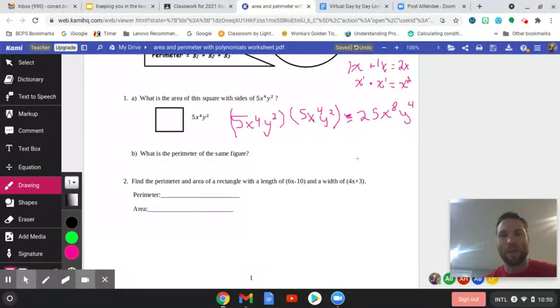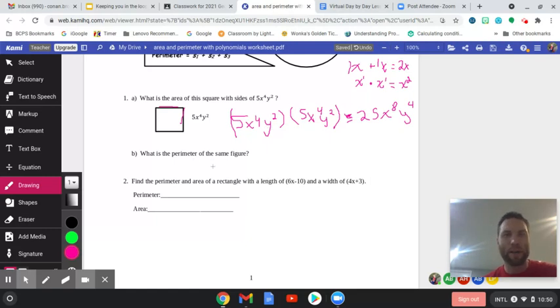Notice that you're just multiplying it because area is length times width, and you're going to multiply the same side because it's a square. So you just multiply it out. The coefficients times the coefficients and the variables times the variables, okay?